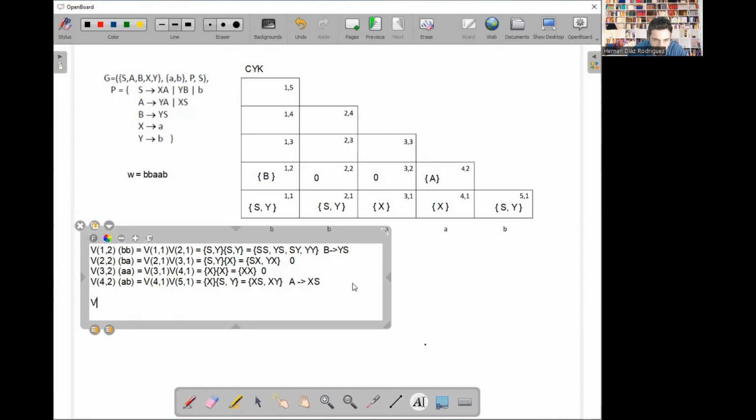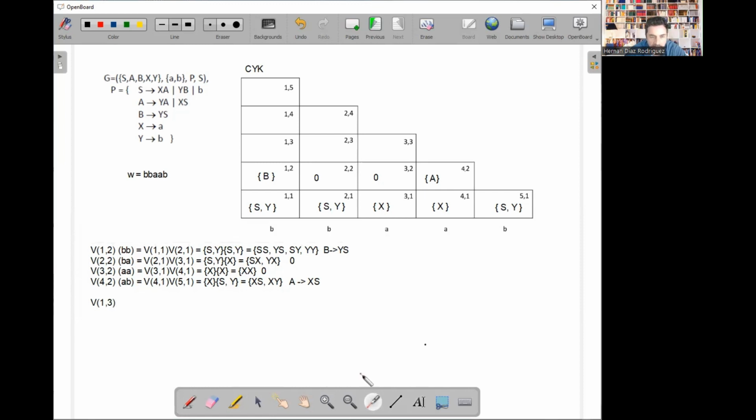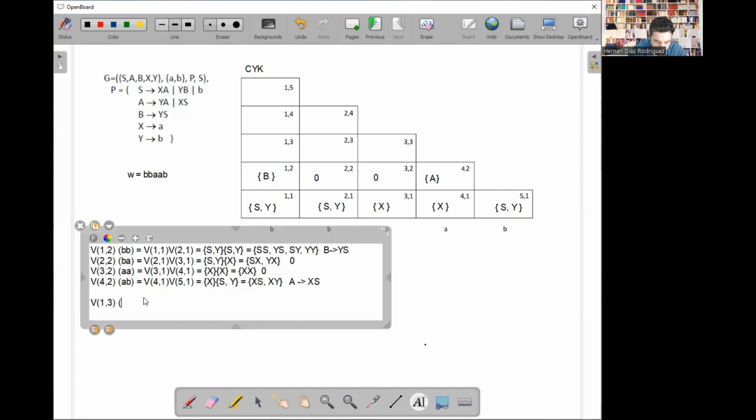So now we need to look into the position 1, 3. So that means that we start in the first position, and we need to look how to generate 3 characters, BBA, right? So first position, 3 characters, BBA. And looking into this, now we can generate it in 2 different ways, right?